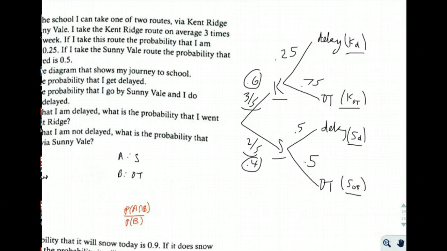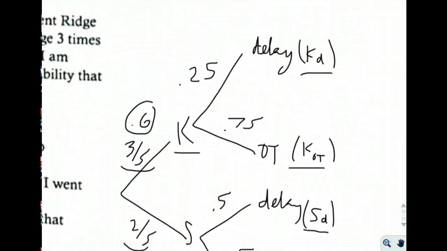The probability that I'm going to be delayed taking Kent is 0.15. You multiply together 0.6 and 0.25. The probability that I take Kent and I'm on time is 0.6 times 0.75. I have to do that on my calculator. 0.45.